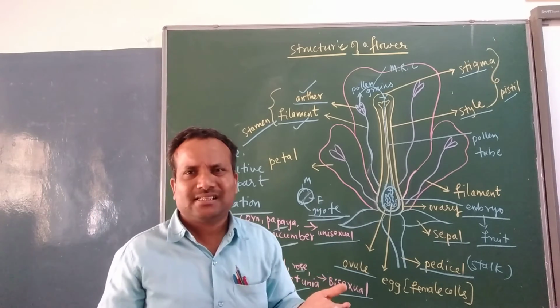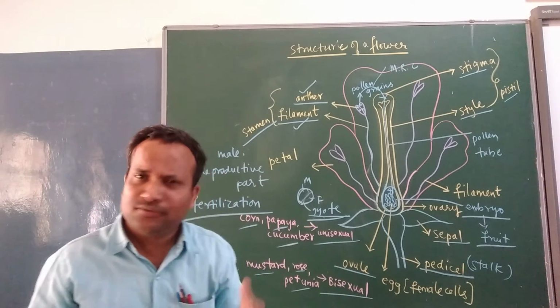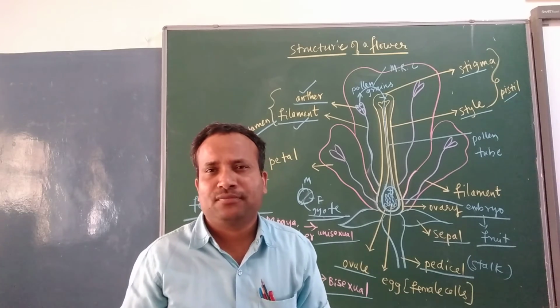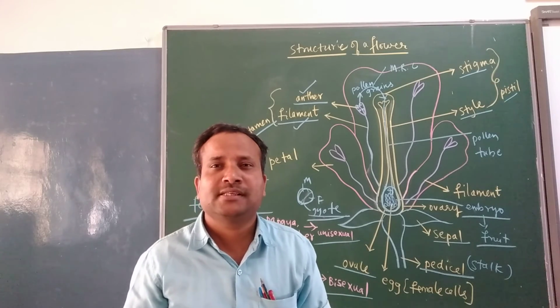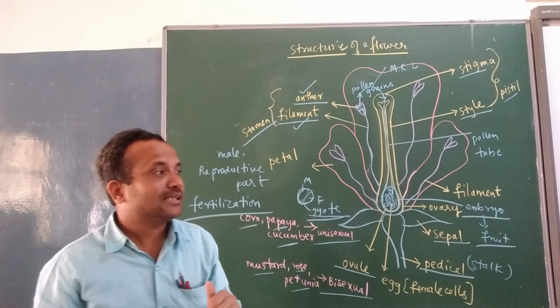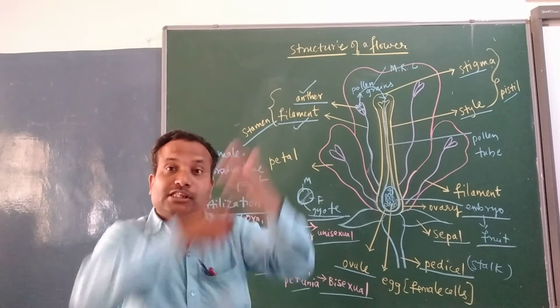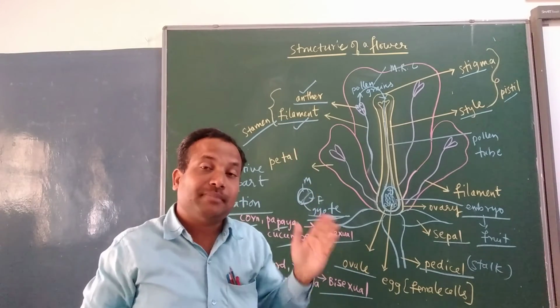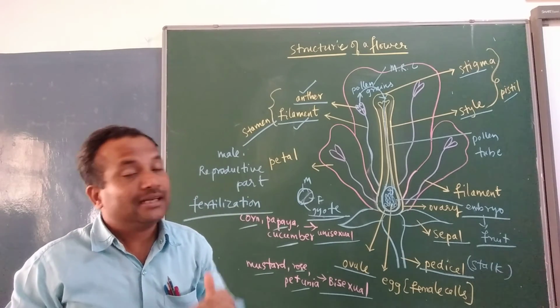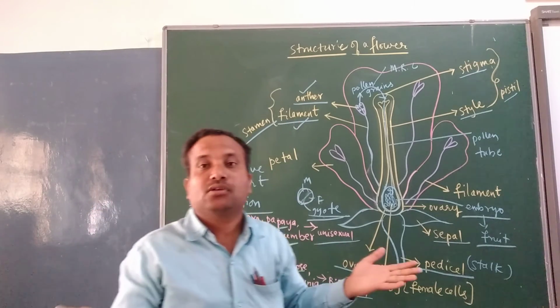Even seeds get dispersed to different places with the help of these birds, insects, bees, butterflies and all. Seeds are getting dispersed to different places only because of these agents.